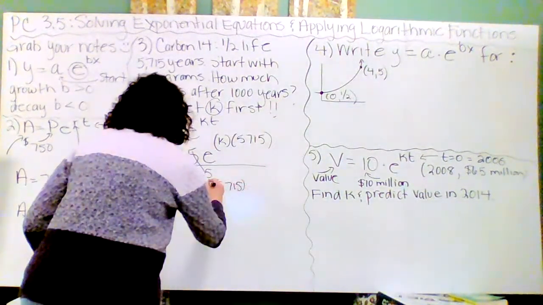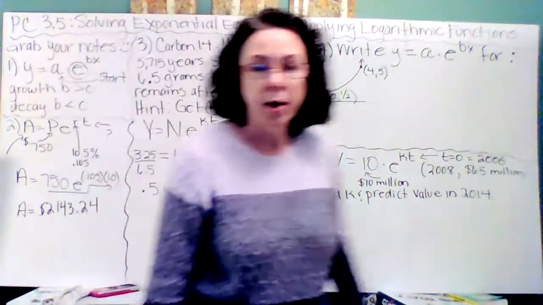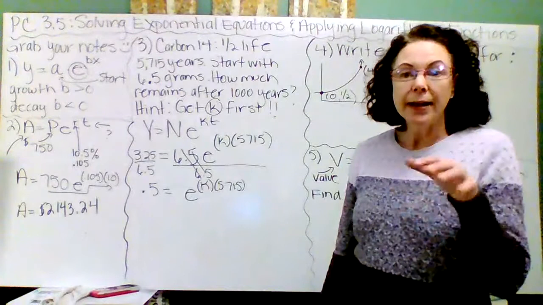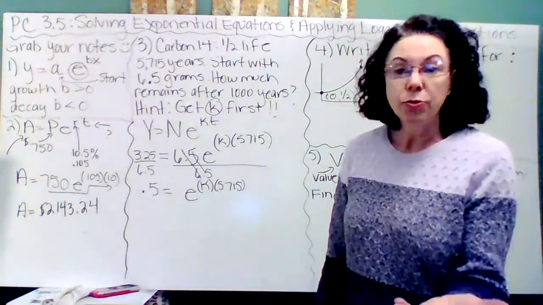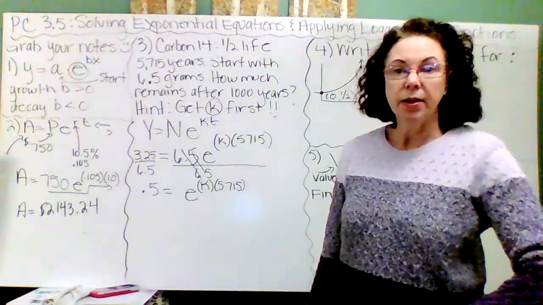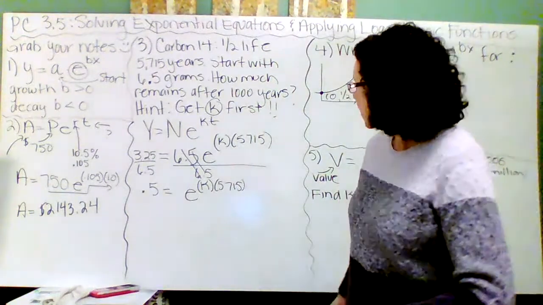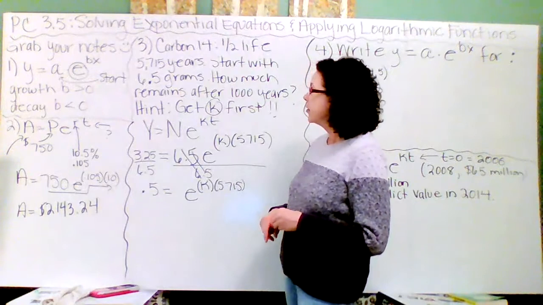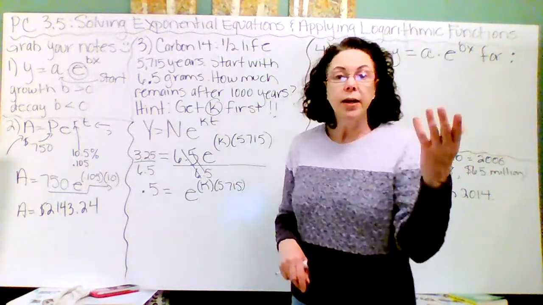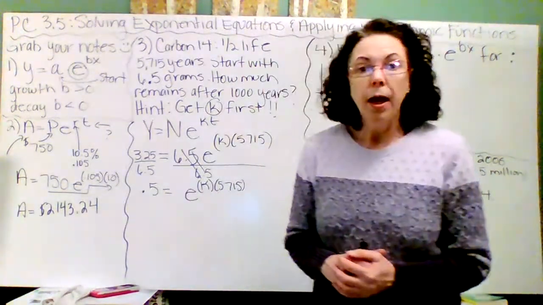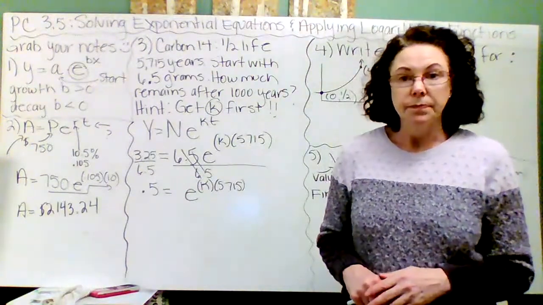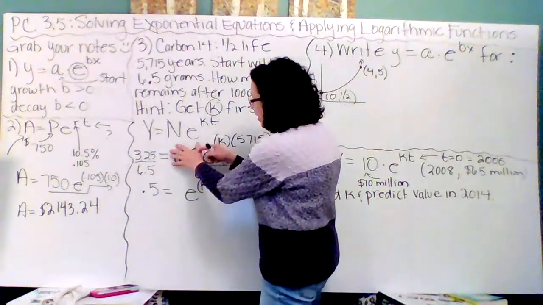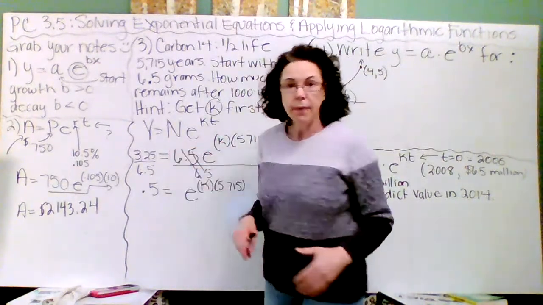5,715. Okay, now here's something I want to talk about real quick. If you have been given half-life years, but not an initial amount, you don't need it. Please don't think that you don't have enough. Here's what I'm saying. Let's say they gave me a half-life of 5,715 years, and they wanted me to find K. Okay. And they didn't give me any starting amount. It's okay. Because isn't it true, no matter what's under here, it's one mass.